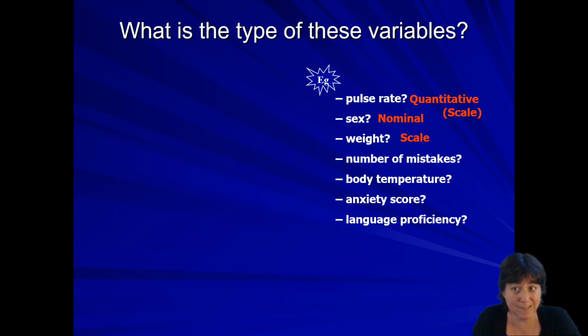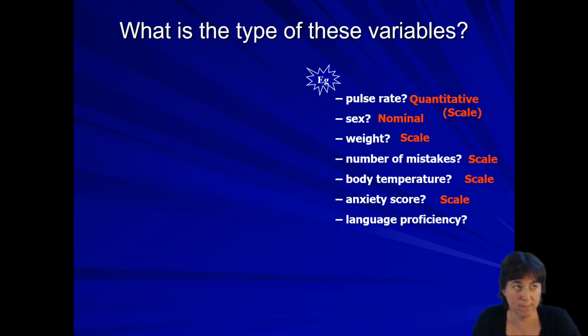If somebody is double the weight as last year, then that's double, okay? Number of mistakes, scale type variable. Body temperature, again, scale type. Anxiety score, scale type.